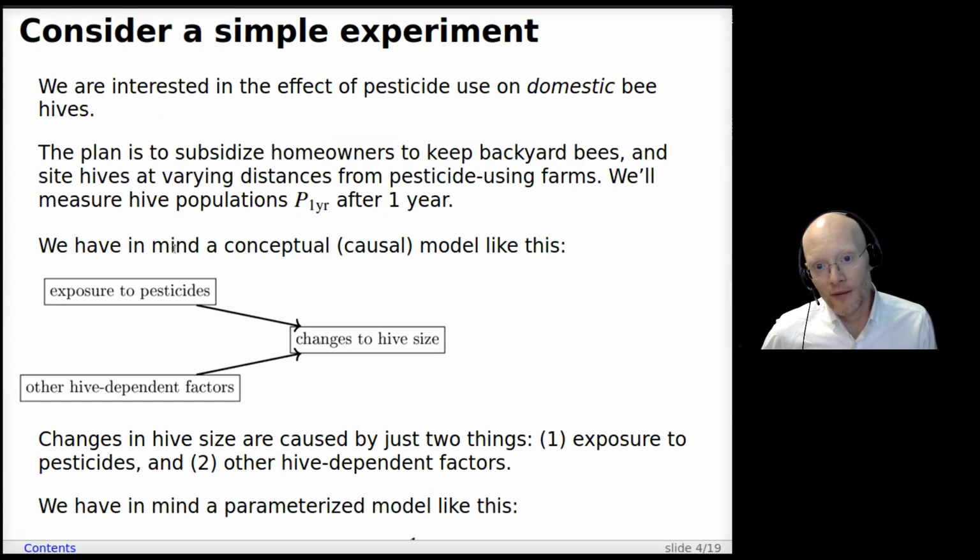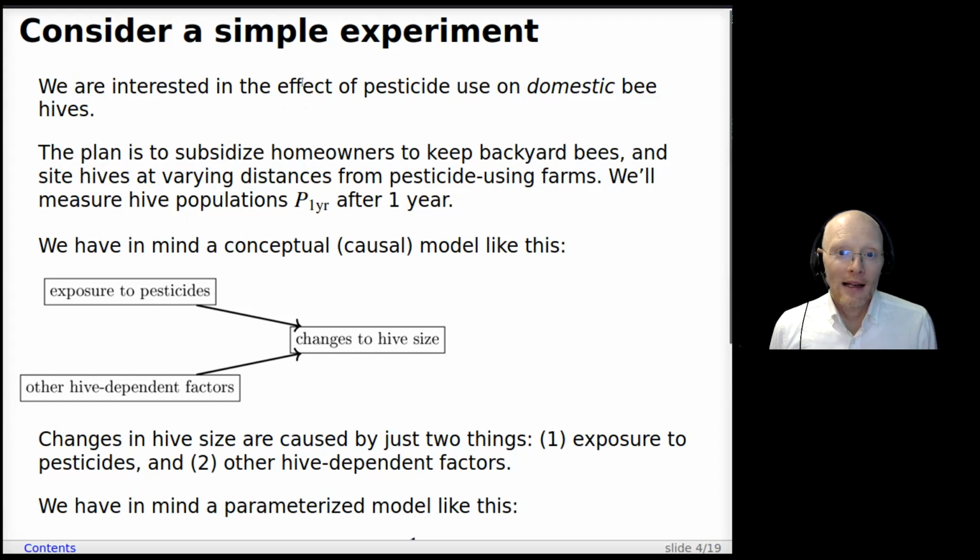We're interested in the effect of pesticides on bees. Now, I know nothing about this really in terms of a specialization, but of course we all know that certain pesticides have had enormous effects on wild bee populations.